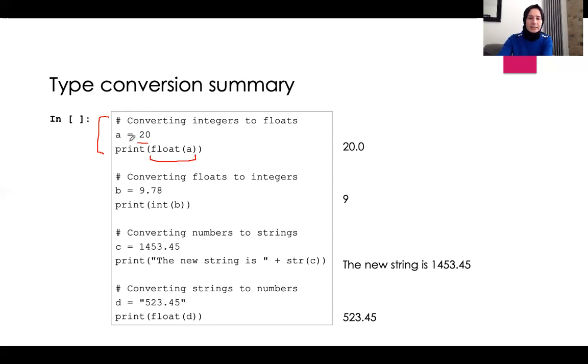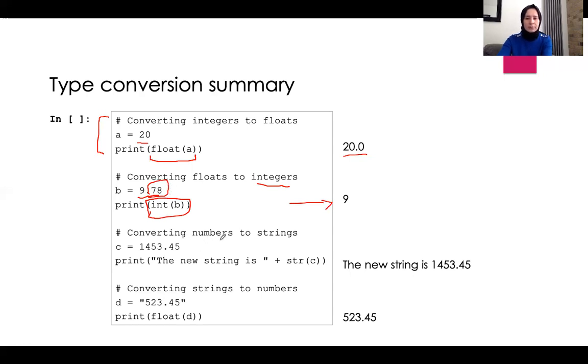In this case, the integers are returned as float numbers. We have another conversion, where we have floats and want to turn them into integers. This is what we need to do here, and this will be the result. As you can see, we have a loss of data here. It doesn't keep the decimal points.